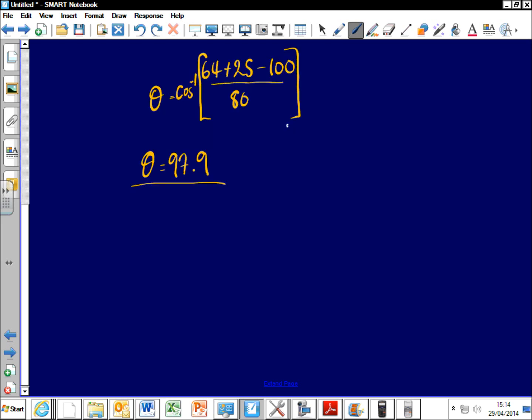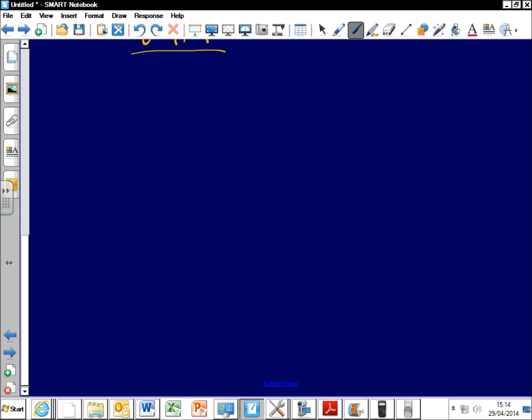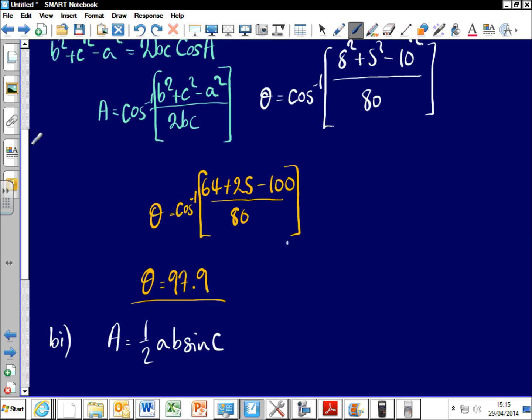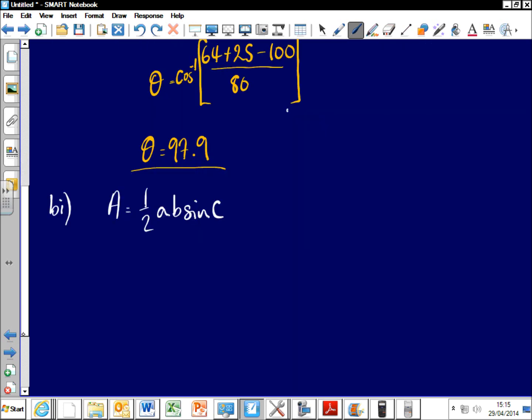Okay, next part. B(i). It's asking you to find the area of the triangle. What's the formula for the area of a triangle? Half ab sine C. Okay. Now that's how you write down the formula, but the sine is going to be sine of the angle, so it's going to be sine of that angle there, and then the a and b are going to be the other sides.